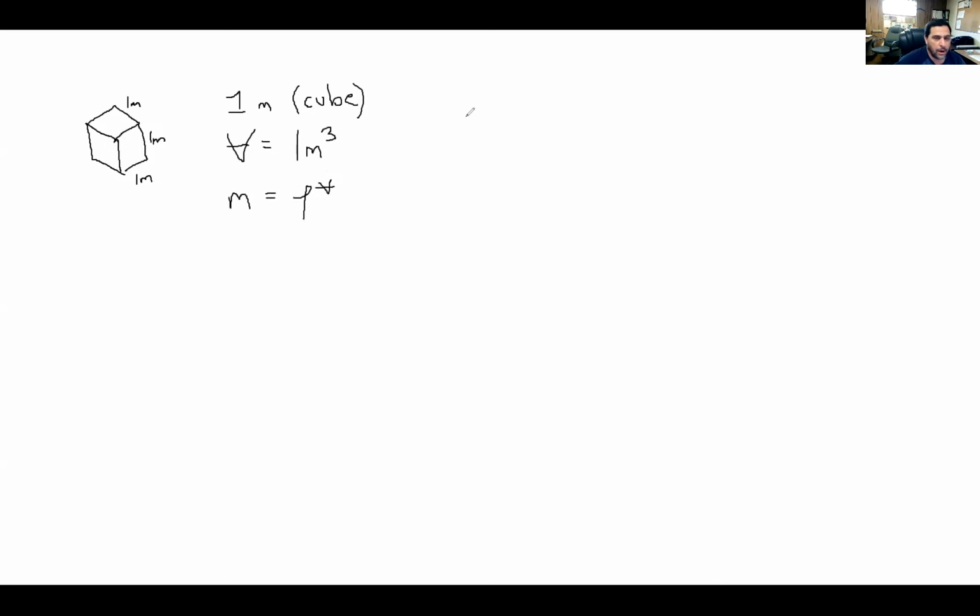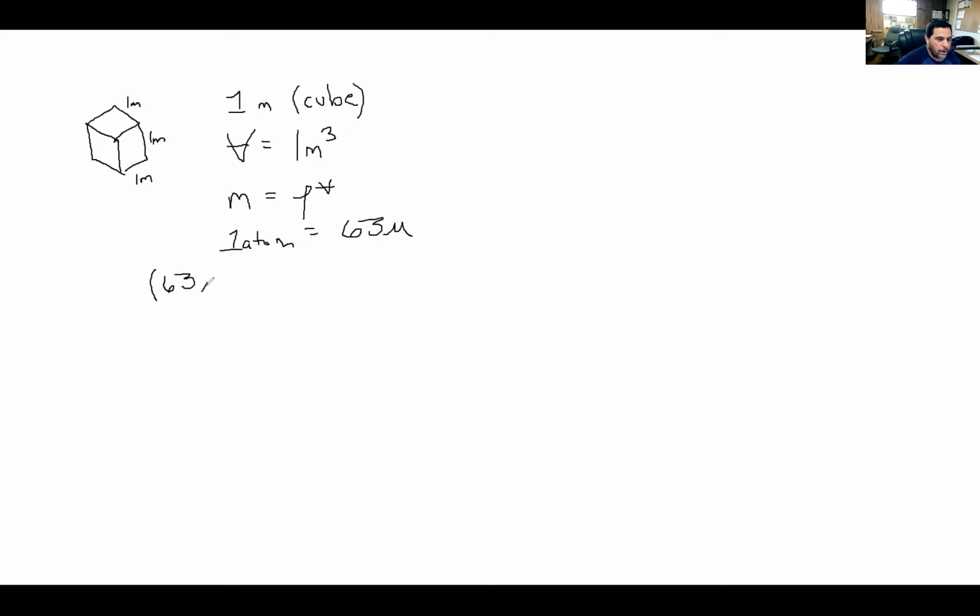And we also know that 1 atom of the copper is 63 units. Well, they gave us what the equivalent is in kilograms for one of these atomic mass units.